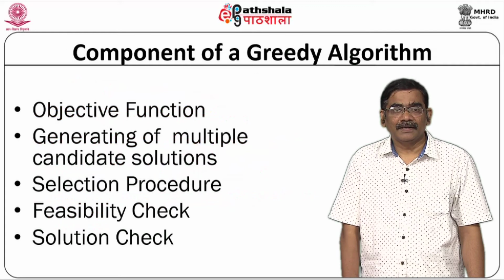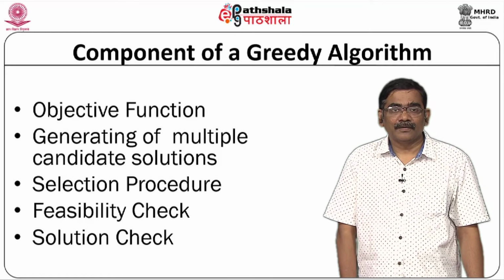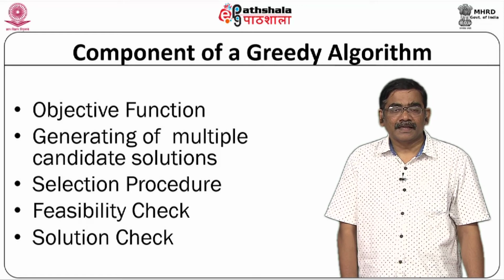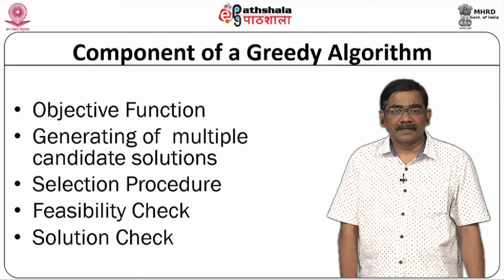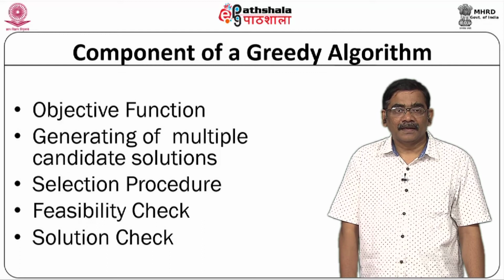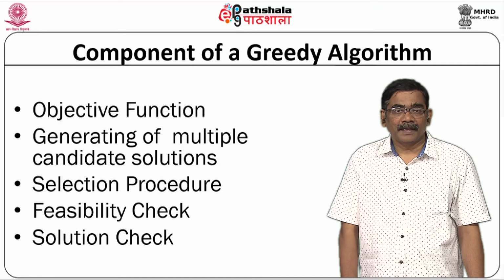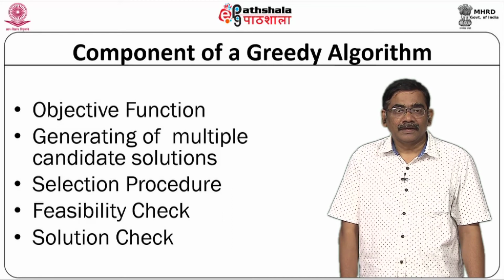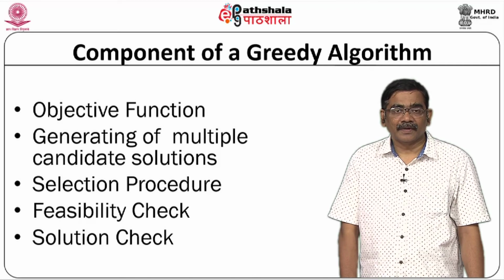So, these are the components of the greedy algorithm. For solving these optimization problems, I have to write algorithms as part of the greedy approach. The components of greedy algorithms are the objective function, which is given by the given problem, then generation of multiple candidate solutions. Out of that, I have to pick a solution, so some sort of selection procedure is required.